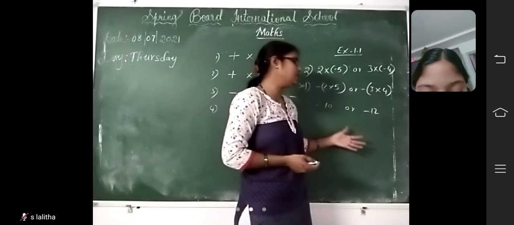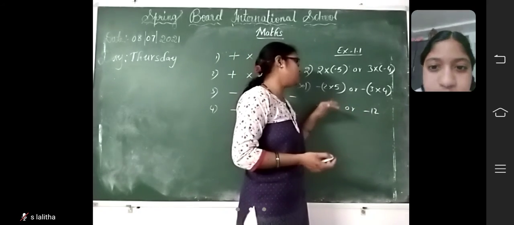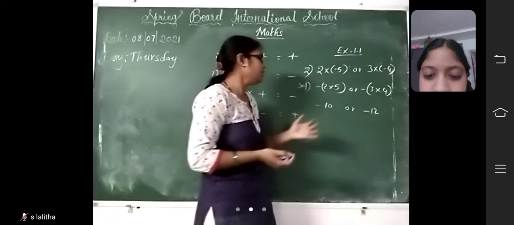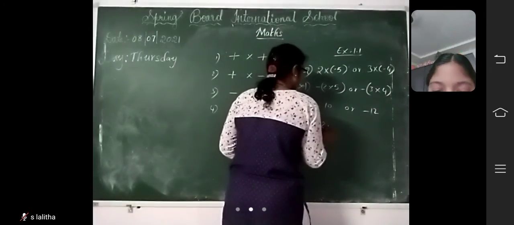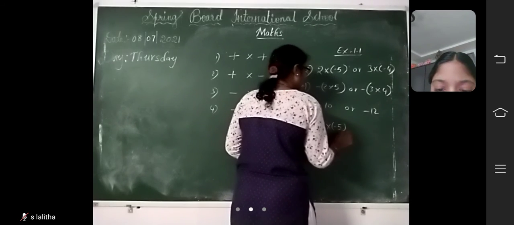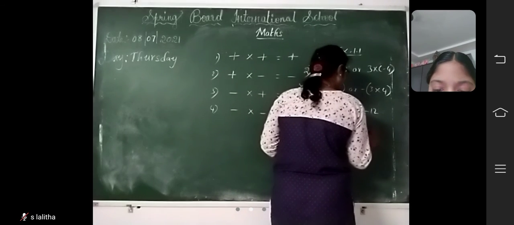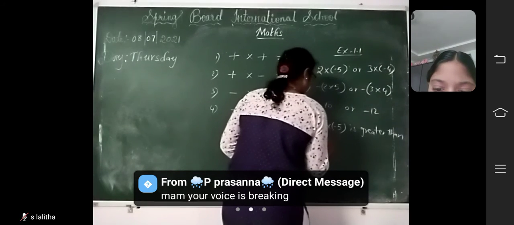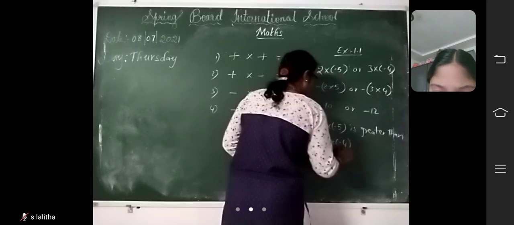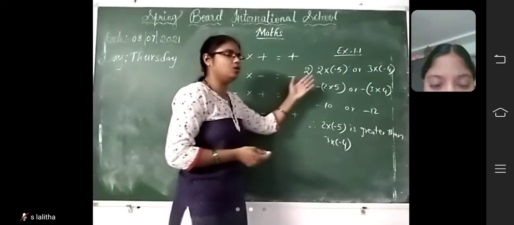Because among negative integers, the smallest one is the greatest integer. Okay, children? So minus 10 is greater. Therefore, 2 into minus 5 is greater than 3 into minus 4. Like that you can do this one, children.